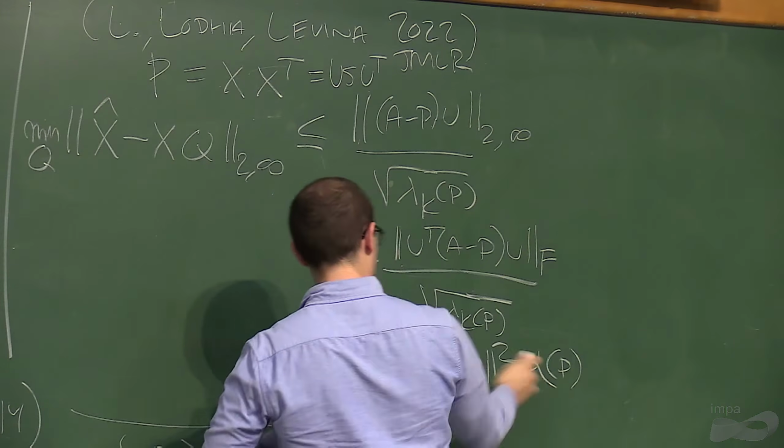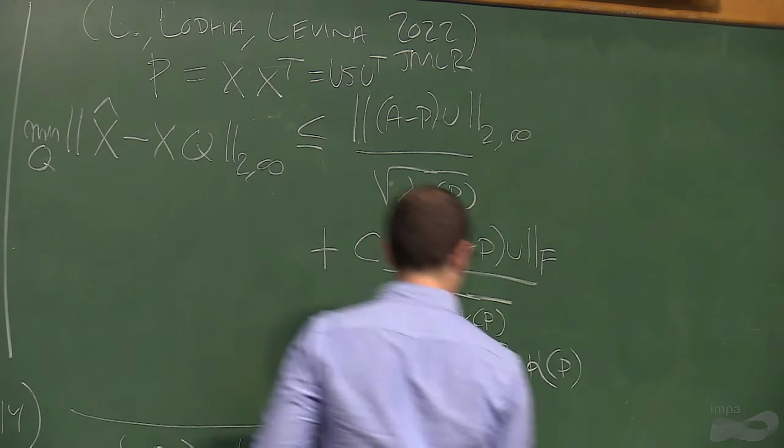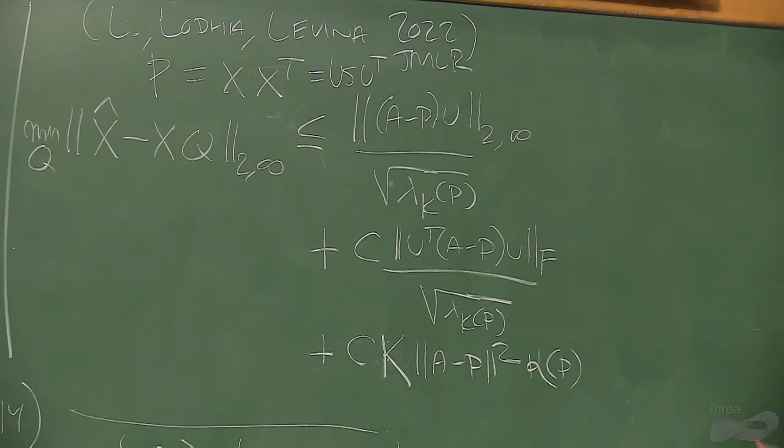This is kappa, the condition number. This is k, the dimension. I'll try to be careful to make them look wildly different. I apologize.